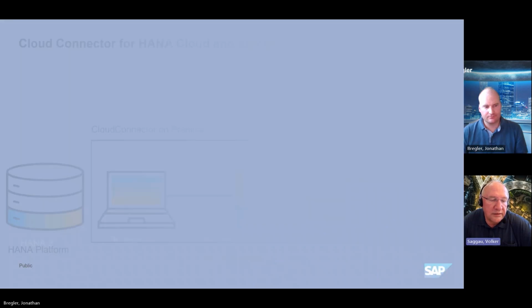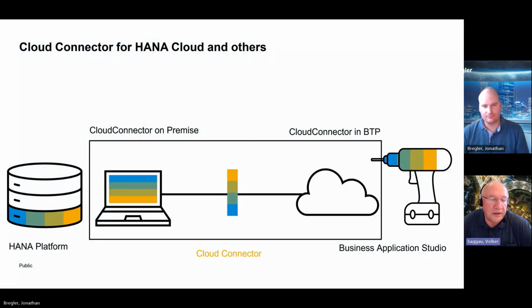Cloud Connector. Maybe we have a slide here, and we have the left side. You have your on-premise HANA platform running somewhere in your local server environment. You have a Cloud Connector, which is also a service running. It's a Java program, and then you're tunneling to the cloud in BTP.